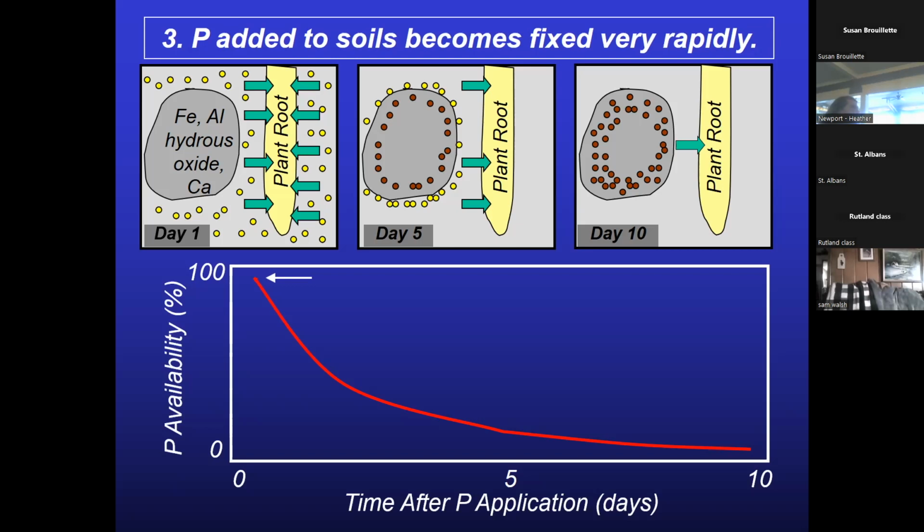So that in Vermont is one of our biggest issues. If we can really minimize erosion coming off fields, we can really minimize the amount of phosphorus that potentially can make its way into the water. But that is the primary way that we lose phosphorus from our fields. There are other ways as well, and we'll talk about those here in a minute.